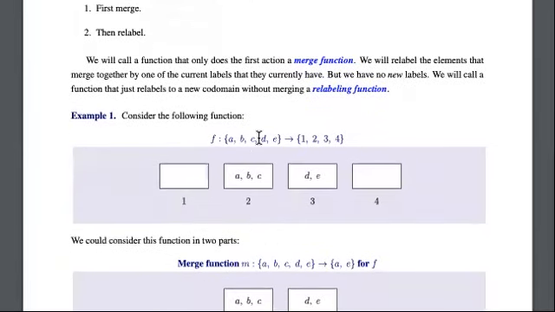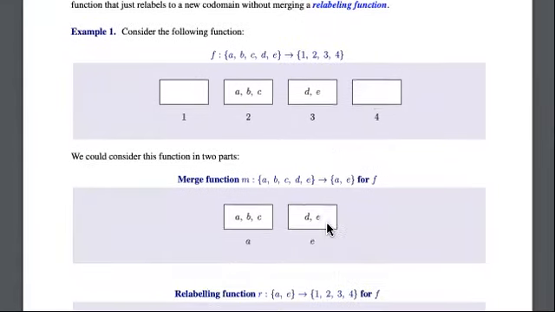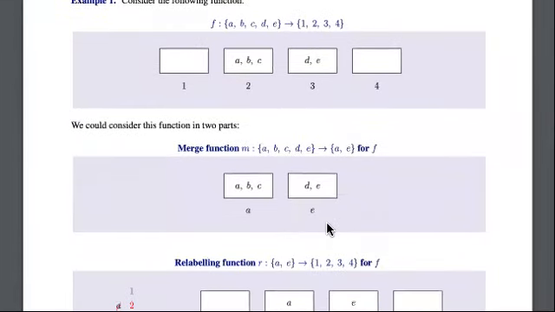For instance, let's look at this. This function goes from A, B, C, D, E to 1, 2, 3, 4. Instead of having a table, let's use a fiber box diagram for the definition of the function, meaning that A goes to 2, B goes to 2, C goes to 2, D goes to 3, E goes to 3.